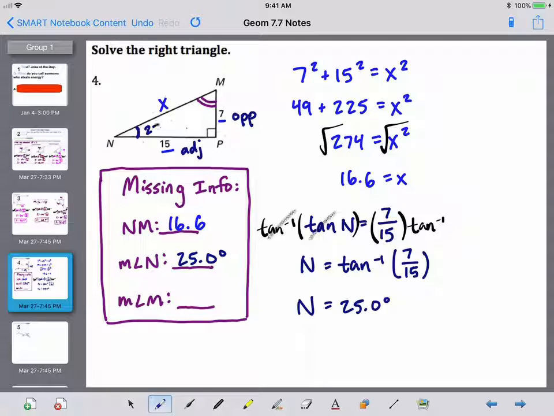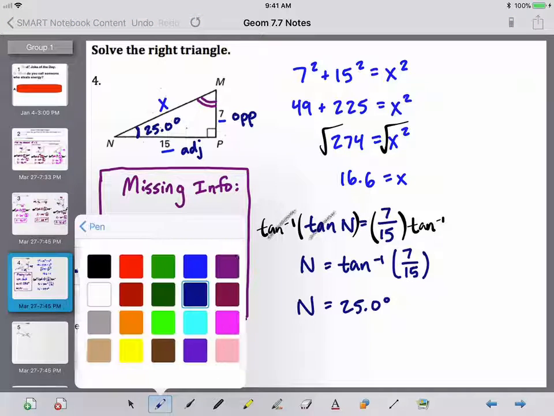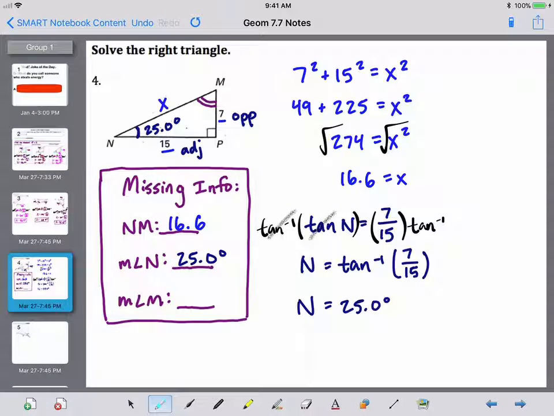Now that we know that this angle is about 25 degrees, all you have to do to get that final angle is, well, we know the triangle's angles have to add up to 180. So if we subtract the 90-degree angle at angle P and the 25 degrees that we just calculated from 180, that will leave you with 65 degrees.